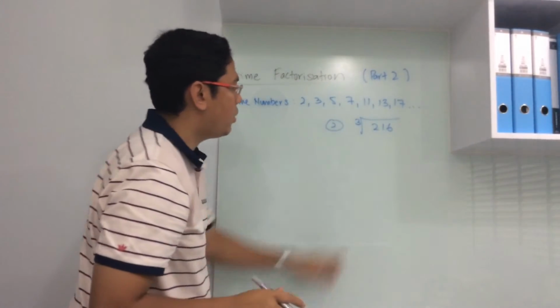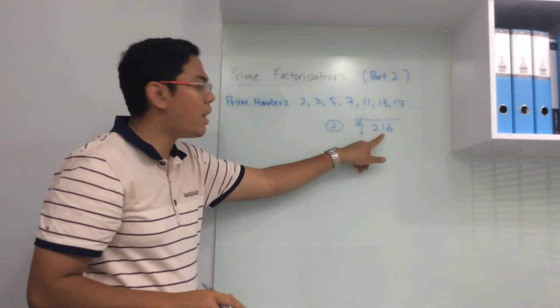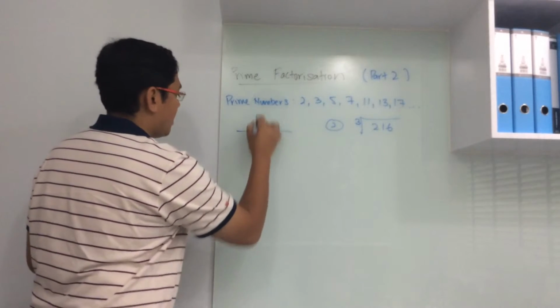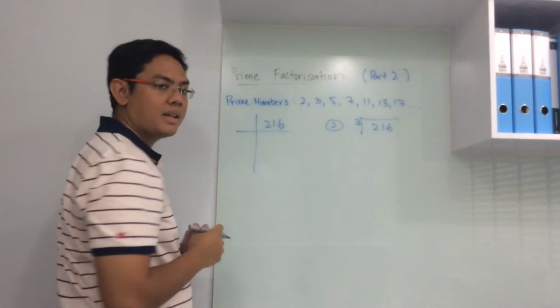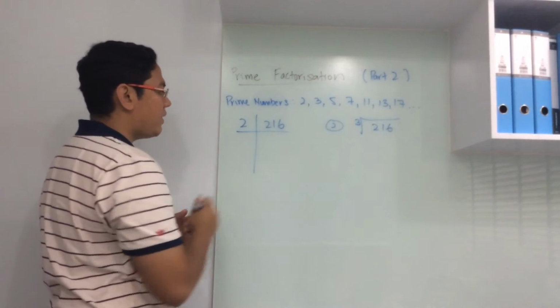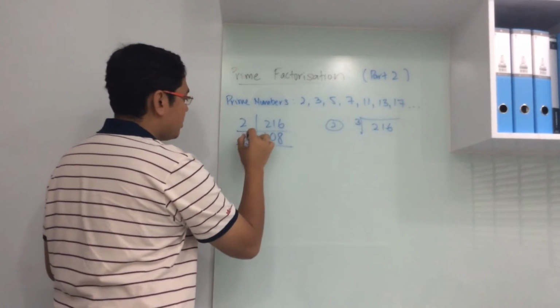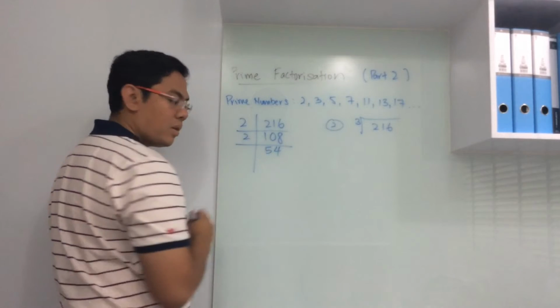Again, we have the cube root of 216. Let's use the step ladder method. 216, if I divide by 2, will give me 108. Divide by 2 gives me 54.